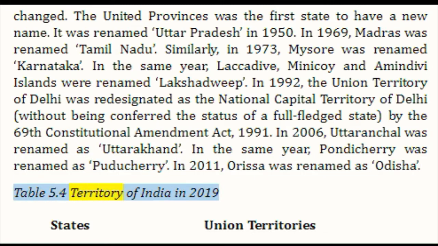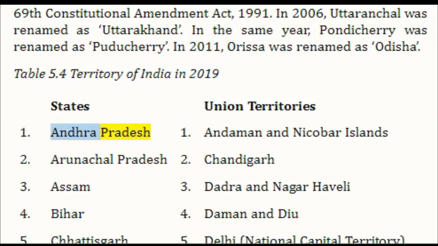Table 5.4 Territory of India in 2019. States. Union Territories. 1. Andhra Pradesh. 1. Andaman and Nicobar Islands. 2. Arunachal Pradesh. 2. Chandigarh. 3. Assam. 3. Dadra and Nagar Haveli. 4. Bihar. 4.